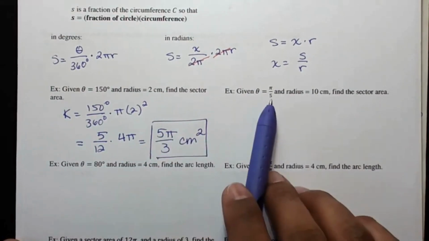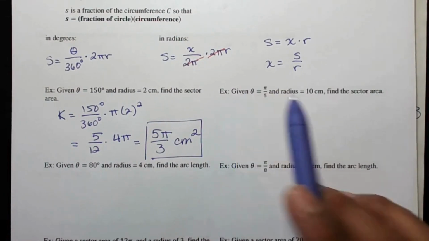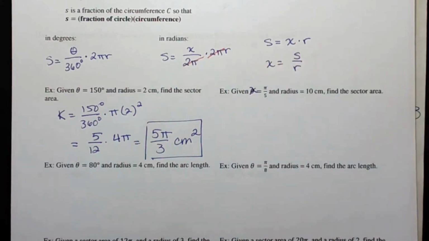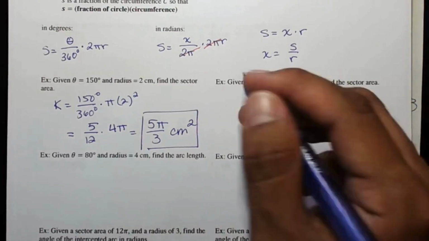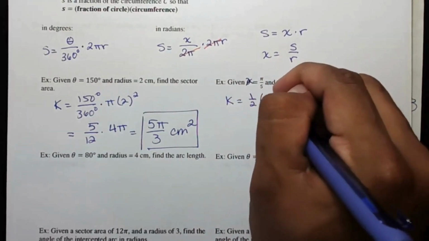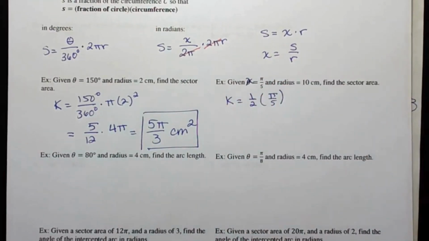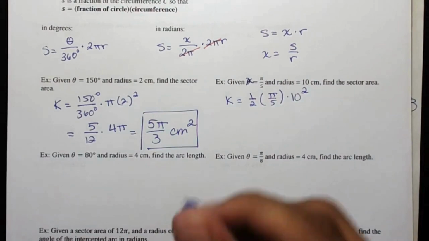Well, what if we're given it in radians? Again, for theta, I'll probably change it to an x just to stick to that notation. So sector area for radians is 1 half the radian measure, which is pi over 5, times the radius squared. There's a couple ways you can do this.